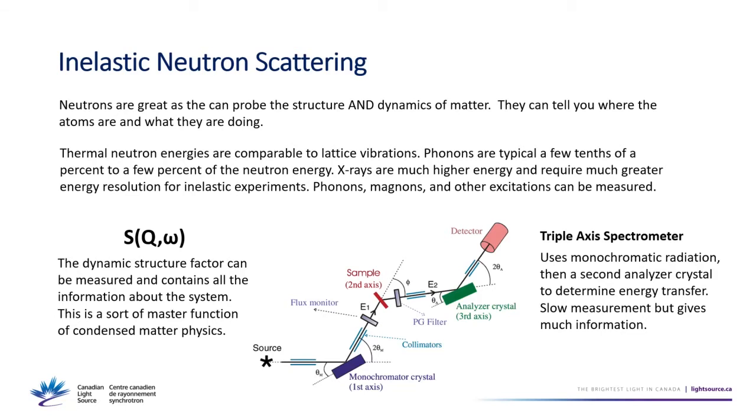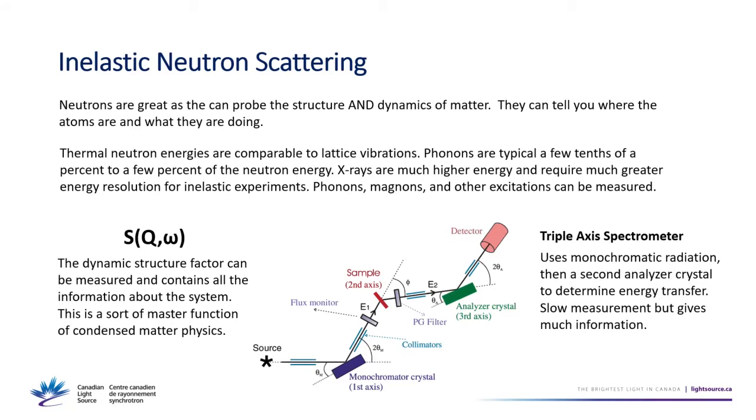So neutrons are useful in that they have energies that are kind of similar to the phonon energies in materials. So when they inelastically scatter, that inelastic scattering can be a few tenths of a percent to a few percent of the total energy of the neutron, because they're much lower energy than X-rays. With X-rays, it's a very tiny fraction of energy usually lost.